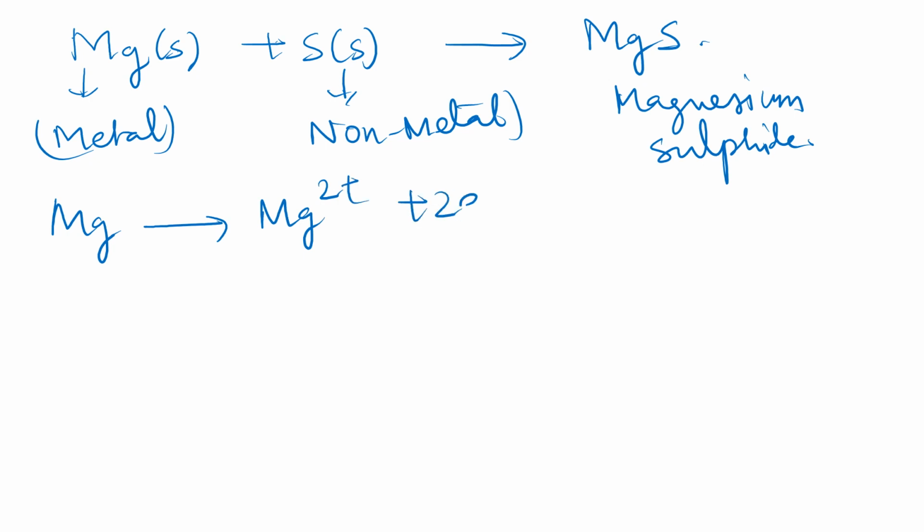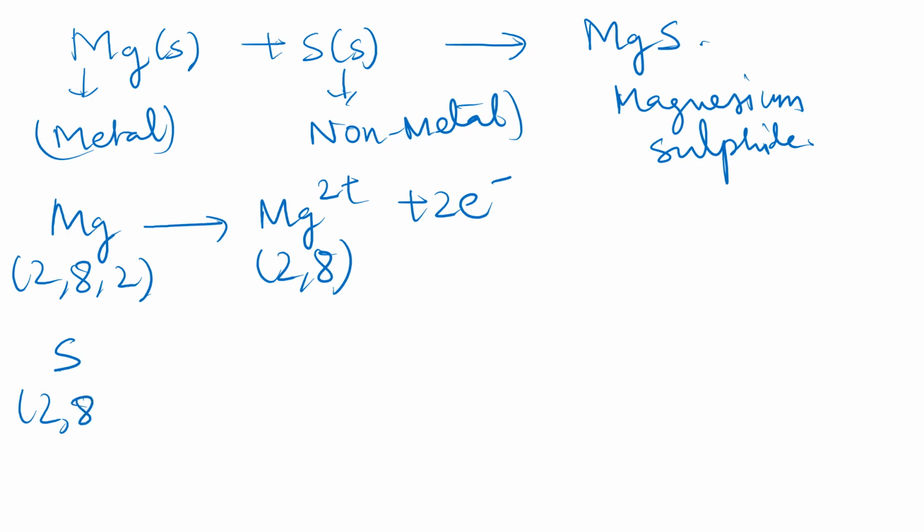Its configuration is 2, 8, 2, so by losing two electrons it will attain a stable noble gas configuration, that is 2, 8. Sulfur is 2, 8, 6, so to attain a stable noble gas configuration, it has to gain two electrons to form sulfide ions.